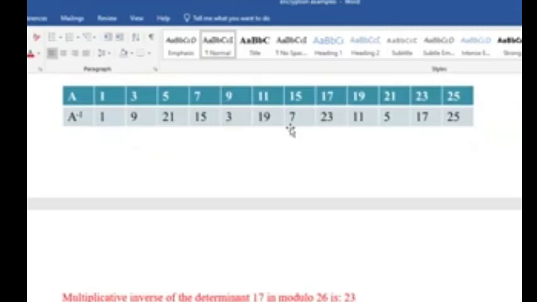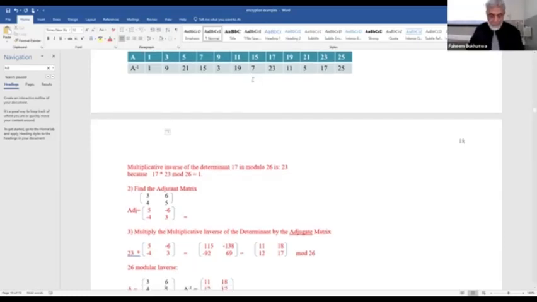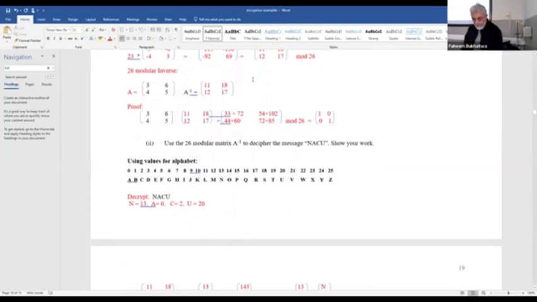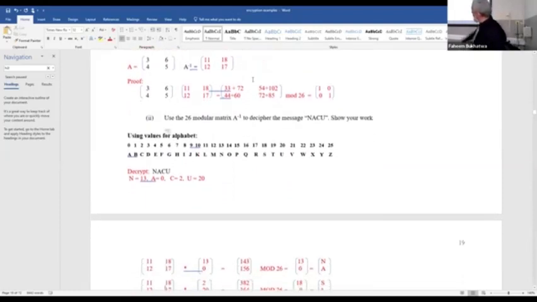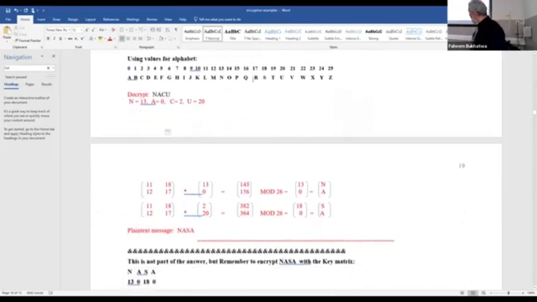And remember, it's only half the table because all the others are duplicated. I will provide this table, the grid. Okay, so that's one example.